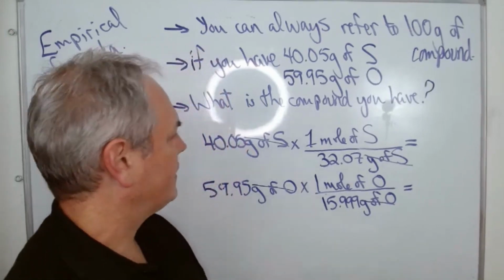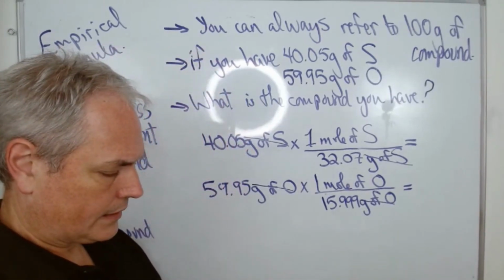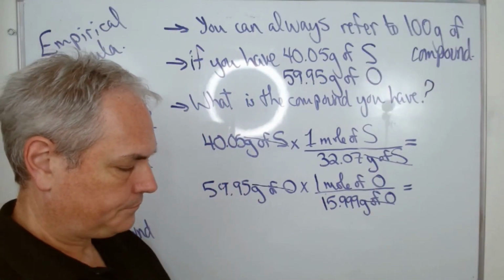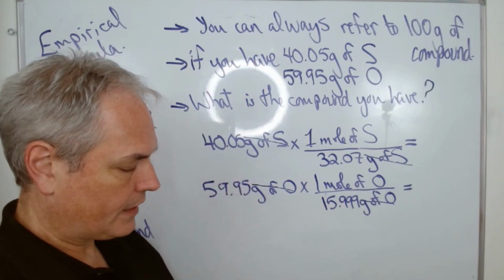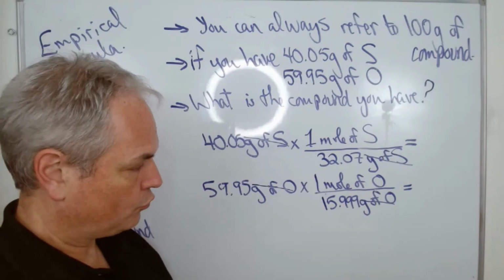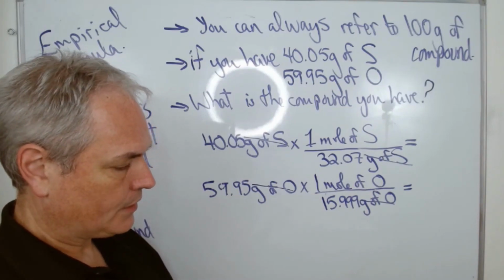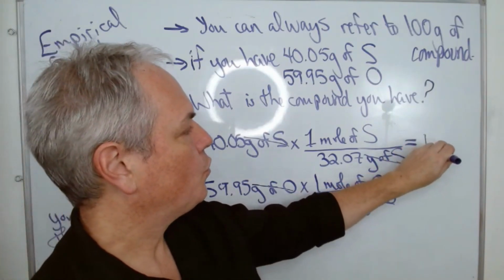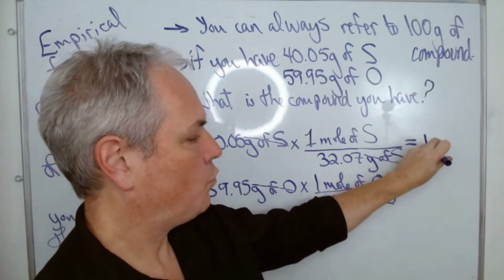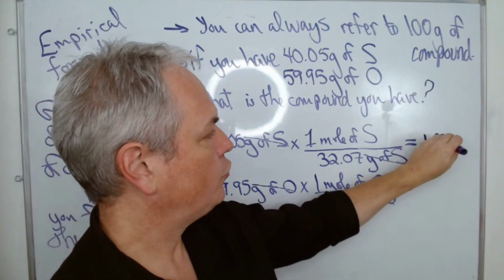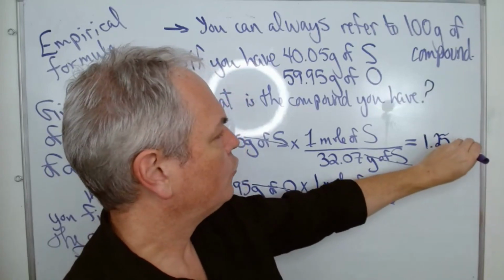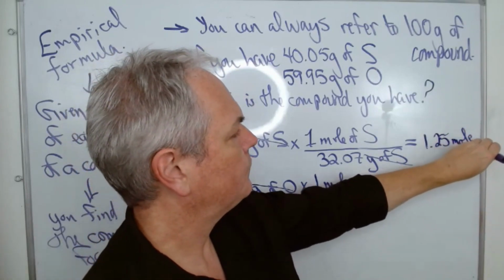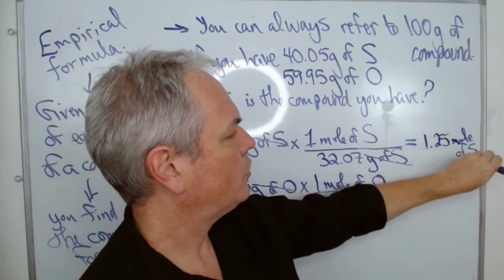I'll get my calculator. So I will do 40.05 divided by 32.07, and here I have 1.25 mole of sulfur.